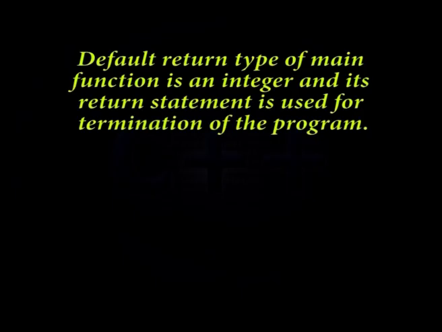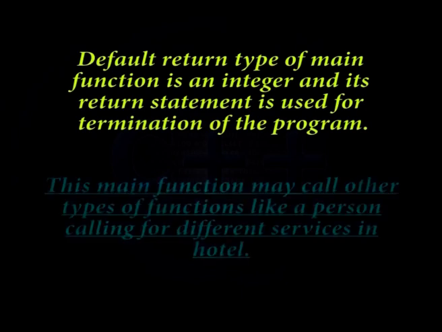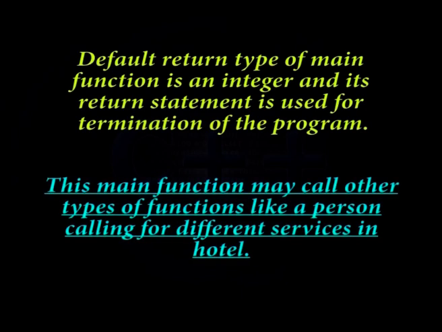The default return type of main function is an integer and its return statement is used for termination of the program. This main function may call other types of functions, like a person calling for different services in a hotel. After execution of each function, the control of the program returns to main.